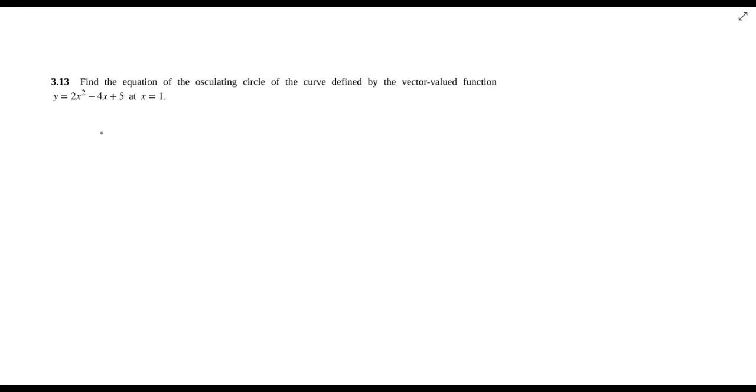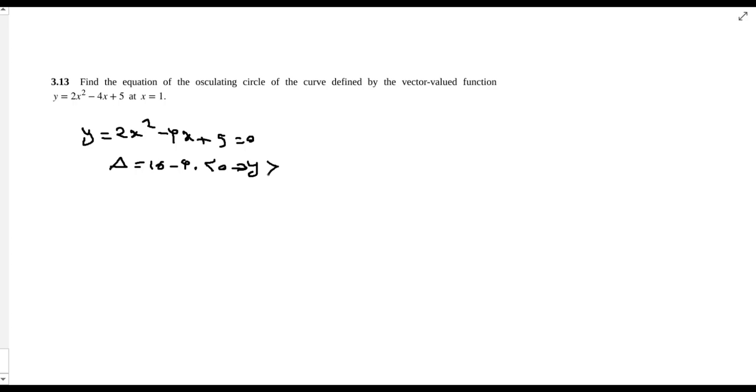Suppose that we have this curve, y is equal to 2x² minus 4x plus 5. If I put it equal to 0, the discriminant is negative. It means that y is always positive, as a is positive.